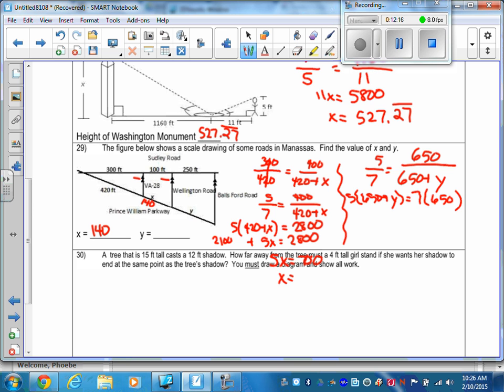So picking up your calculator, this is 3,920. And 5 times 560 is 2,800 plus 5y.